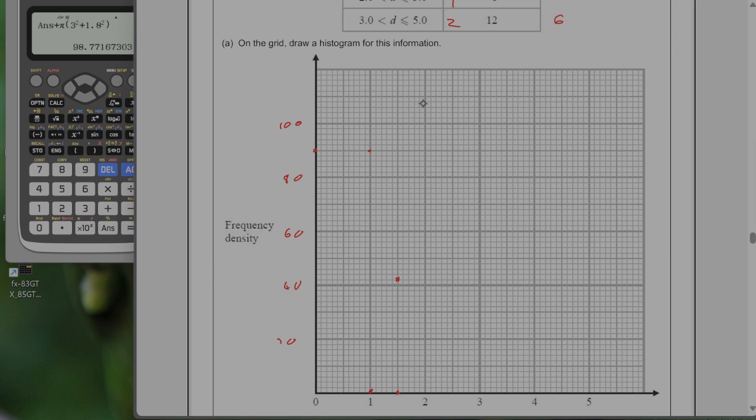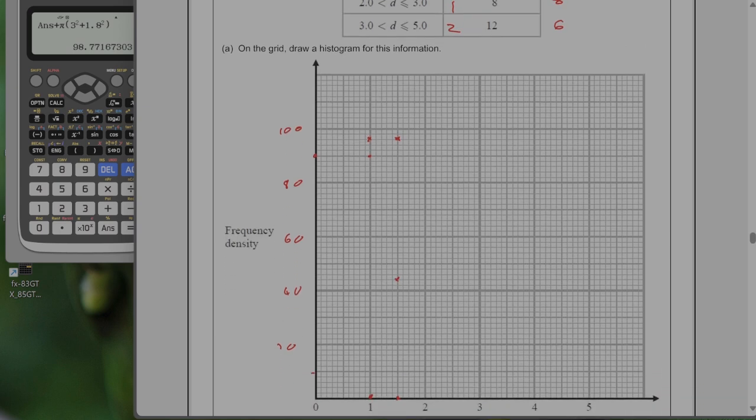So let me just clear that up. So this is going to go up. If that's going to be 10, then this is going up in 2s. So I should have gone to there instead from that second block. 44 then is going to be there. And that block was it half again?